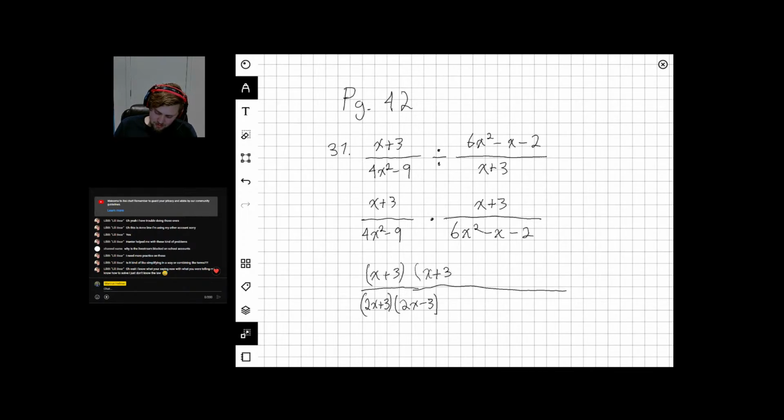x plus 3. And then over here, we can set up another factor square. 6x squared in the top right corner, minus 2 in the bottom. So we could have x, x, and I guess 3 and 2. 1 and negative 2 are factors of 2.